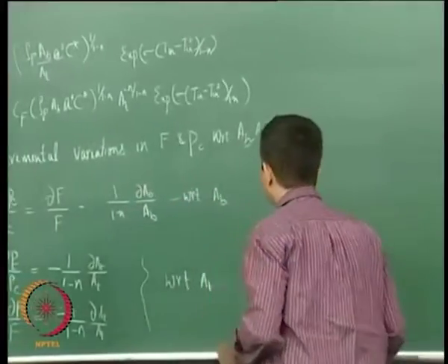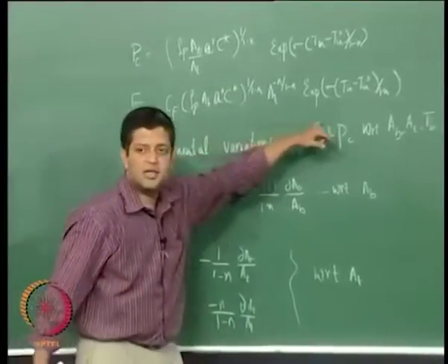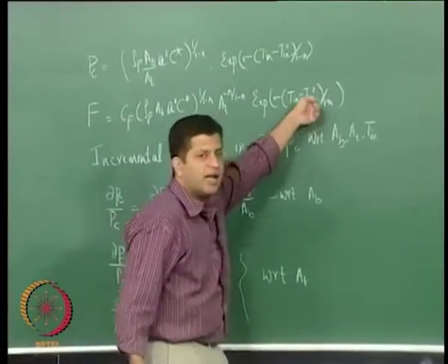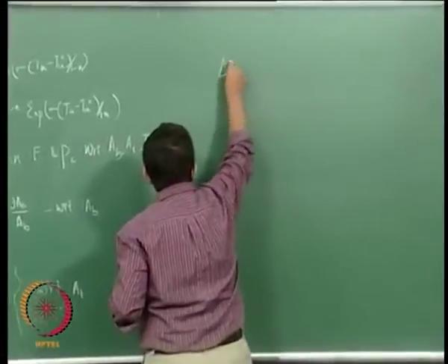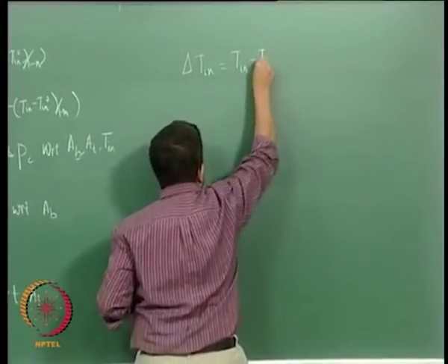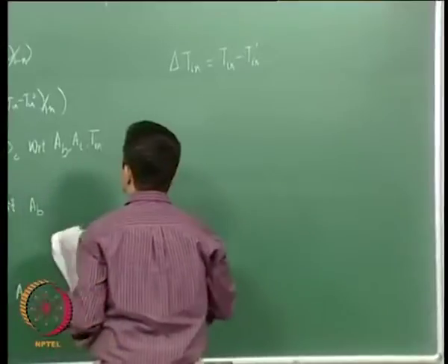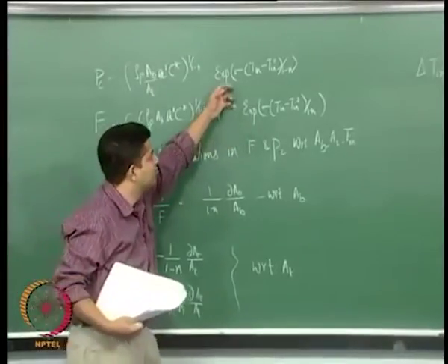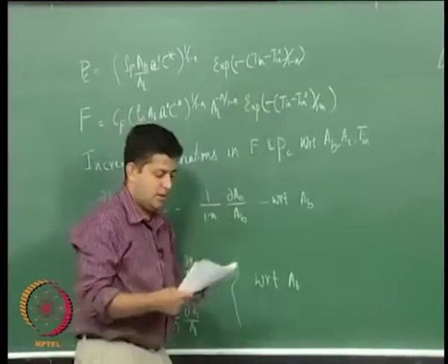And lastly, if we look at how these two change with initial temperature, okay, I'll call TIN minus TIN naught as delta TIN. Then both of them change in the same fashion. If you look at this, both of them are raised to the exponential of this value. So both of them will change in the same fashion.